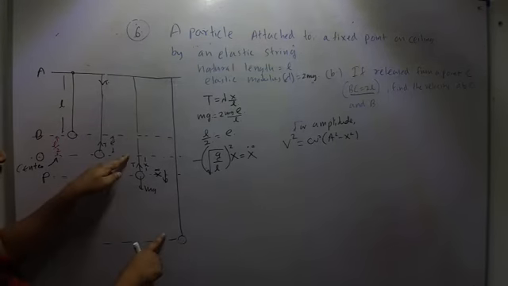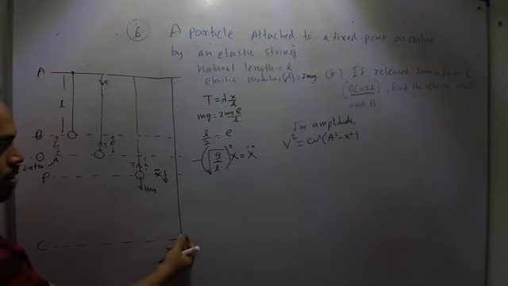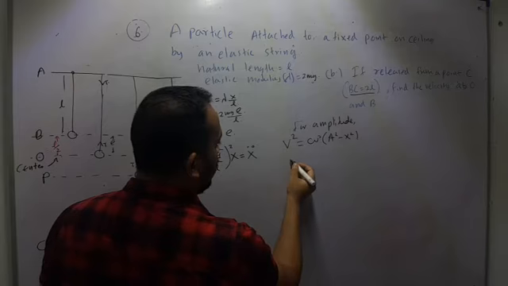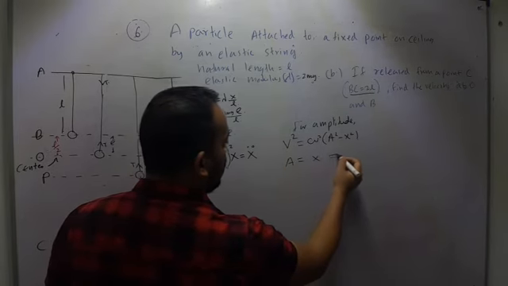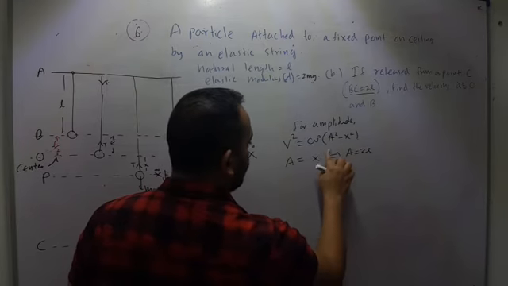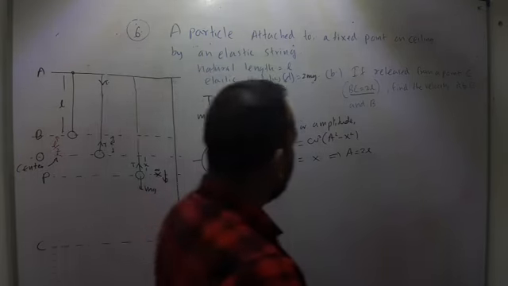Now x is 2L and the velocity would be 0 because we are releasing it gently from this point. So A will be equal to x. This implies A is equal to 2L. Now you know the amplitude.